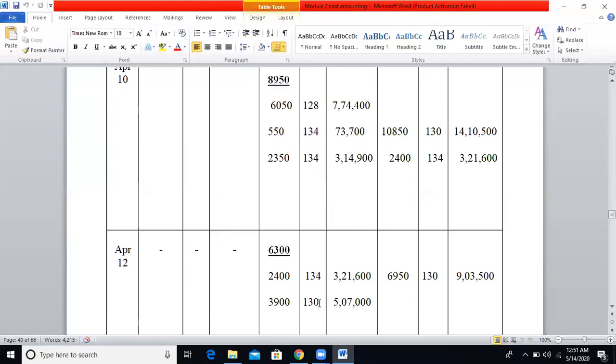So at the rate of 130, you will issue 3,900 into 130, you will get 5,07,000. Now, out of 10,850, we have issued 3,900 units. The remaining balance will be 6,950 at the rate of 130. So if you multiply 6,950 into 130, you will get 9,03,500. So these 2,400 units will be completely issued. It will not be there now.